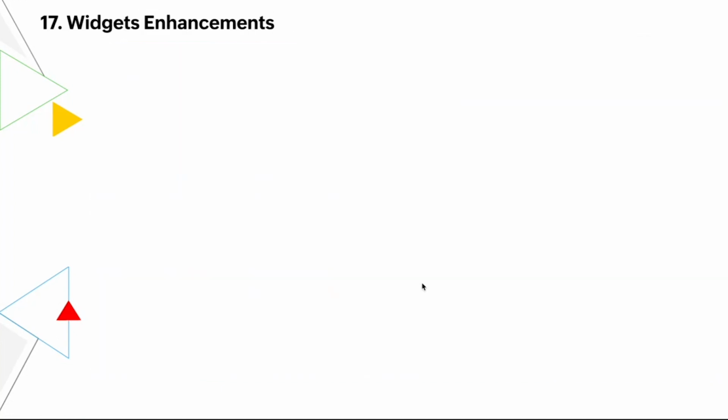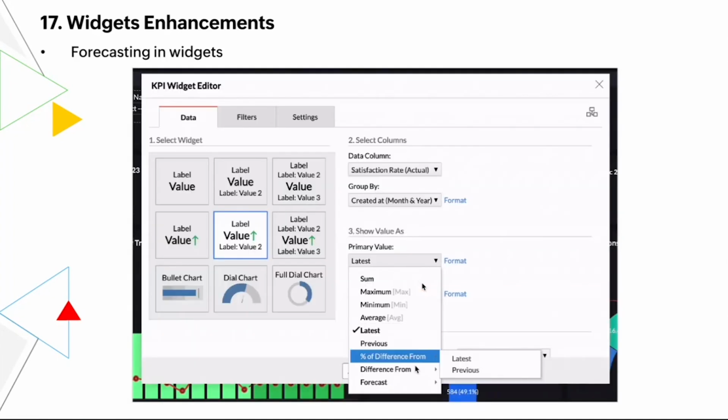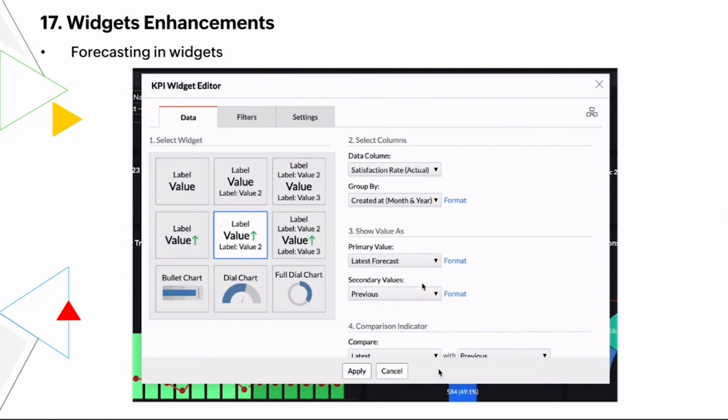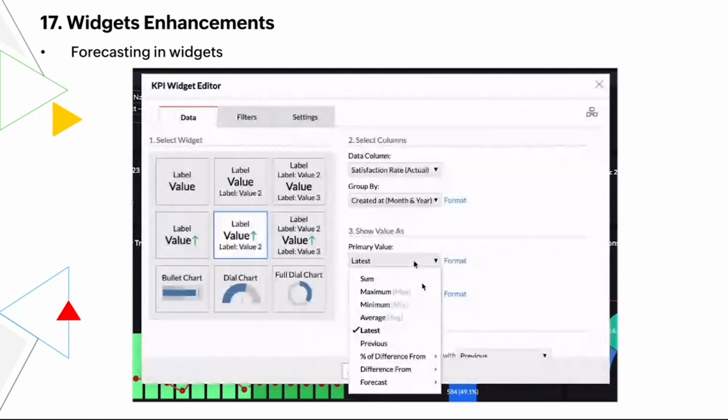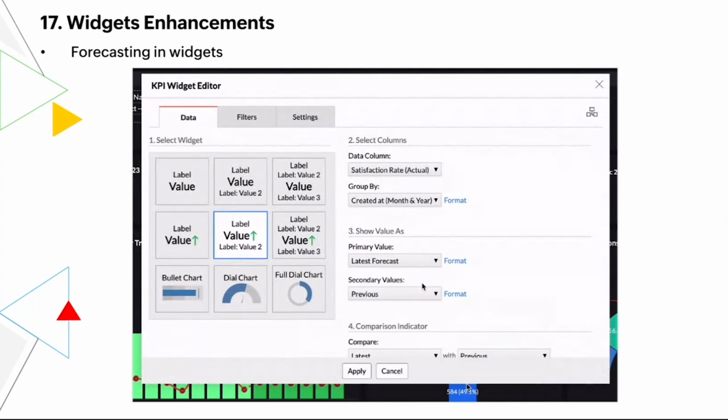Moving on, we've got a couple of fantastic updates on the widgets to share. So, widgets are nothing but the key performance indicators which can be used to share important data values in a dashboard. Now, we have added forecasting functionality to the widgets. So, when you group data by date column, you can create widgets with the forecasted value.